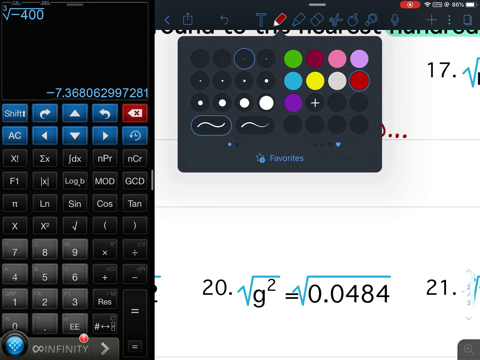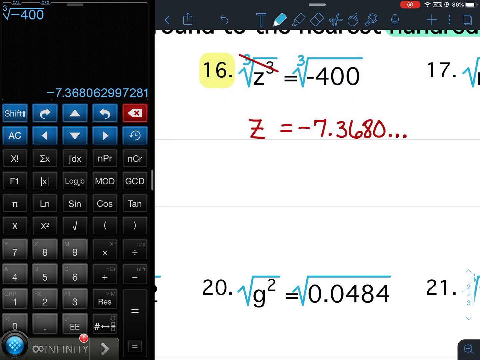And now, because this is an irrational number, I have to round it to the nearest hundredths. So z is approximately -7.3, and then you're going to decide. I'm not going to tell you what to do. You're going to decide, does the 8 push that to a 7, or does it keep it as a 6?